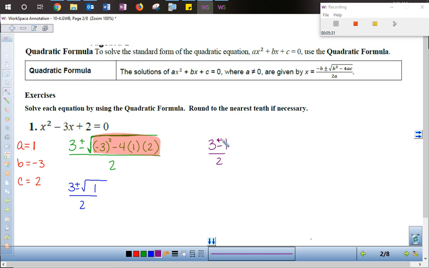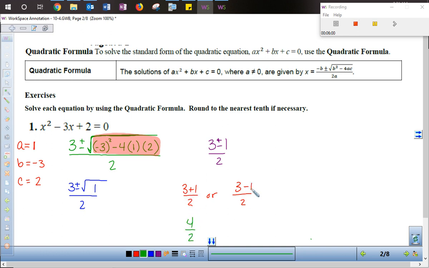Now when you have these two signs here, that's really like saying we have two different equations. We have an addition equation and a subtraction equation. So let's see what happens when I split it up. This really means I'll have 3 plus 1 over 2, and I'll have 3 minus 1 over 2. So I'm going to get two answers here. If I start with this guy, I'll take 3 plus 1, and that gives me 4.